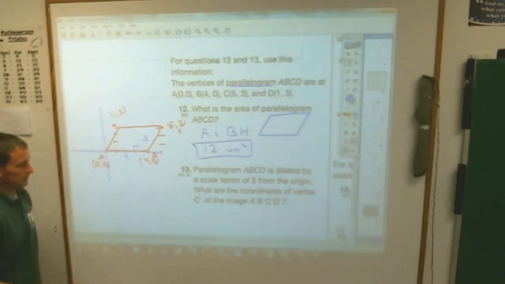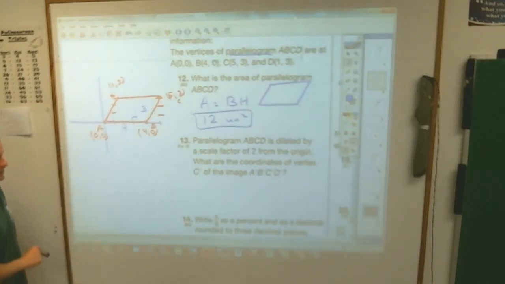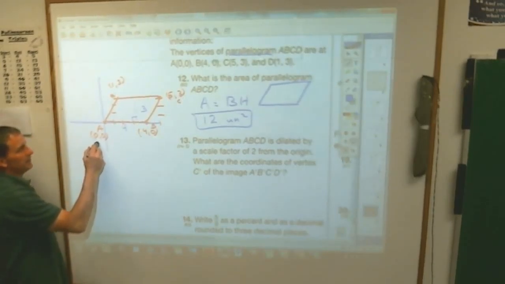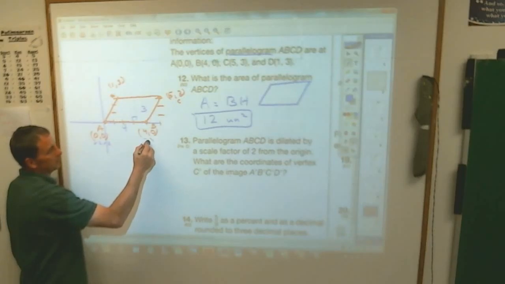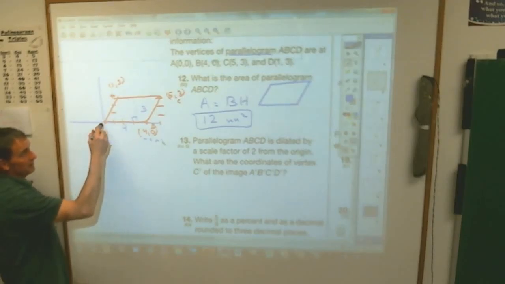Now, for letter D, or 13, which was Kayleen's. If something is dilated by a scale factor of 2, that just means every point is multiplied by 2. So you look at all these points, and you multiply every number by 2. Your new point here is going to be 0, 0. It doesn't change.